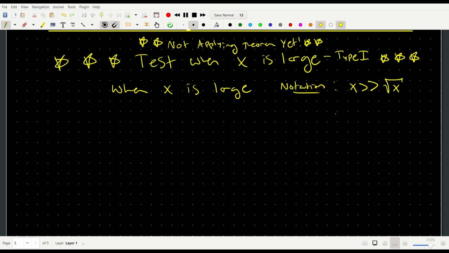So for very large values of x, we have that our function 4 times x to the 1/3 over 5x plus the square root of x. Oops, sorry, I meant here not 1/3, but the square root of x.